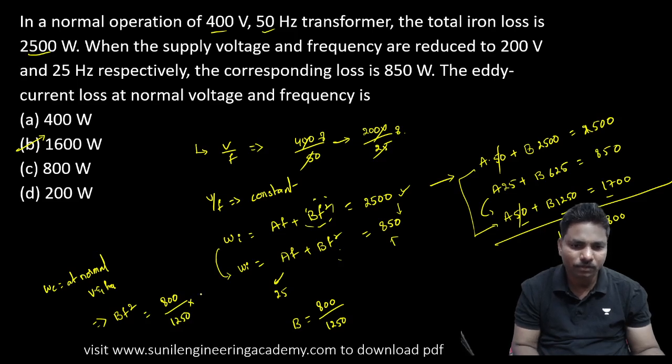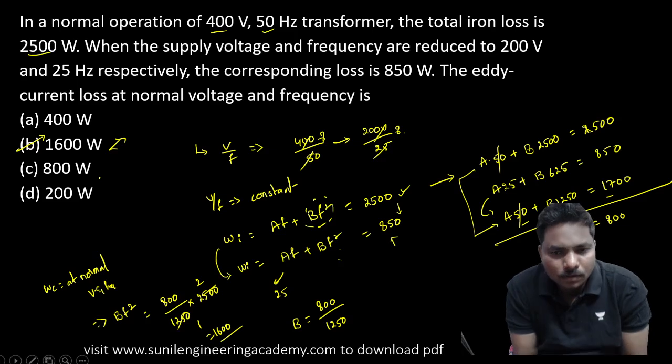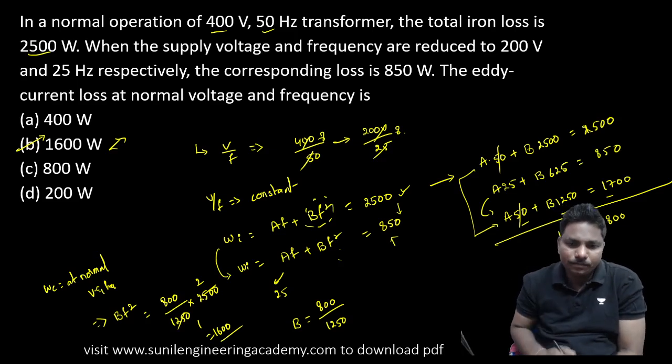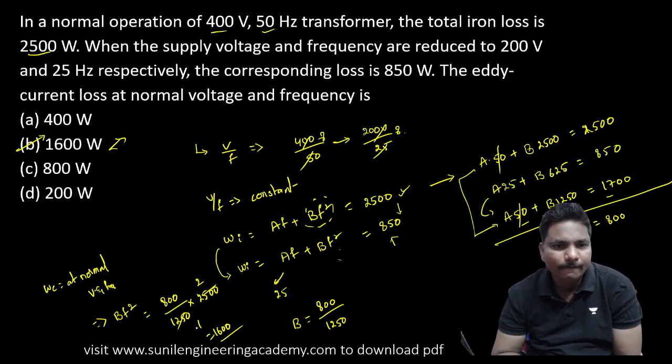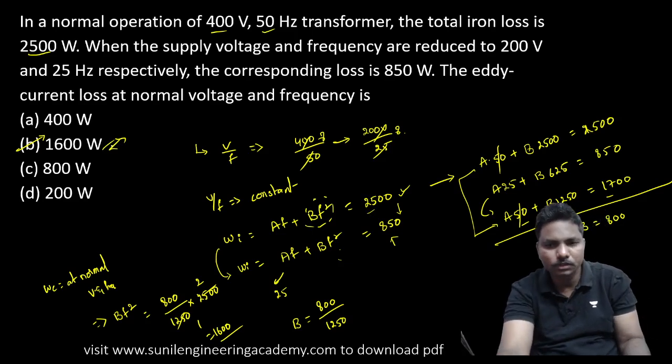Frequency is 50 squared, that is 2500. So that gives 1600. That is what I said. The eddy current losses are always somewhat higher. So maybe those are 1600, or you can do it directly. Coming to the next question.